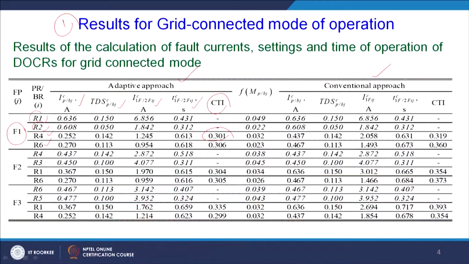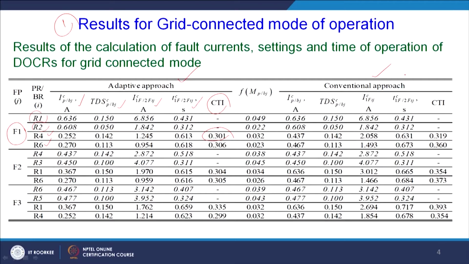That is why this adaptive approach is successful while integrating these renewable sources, maybe synchronous based DGs or inverter based renewable energy sources. Now, however, let us come to the conventional approach. What is this conventional approach?